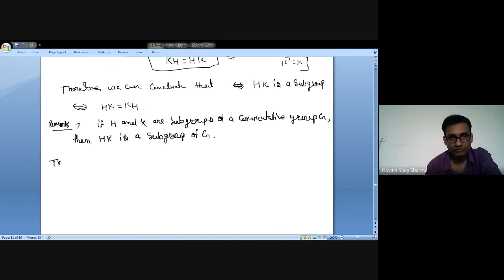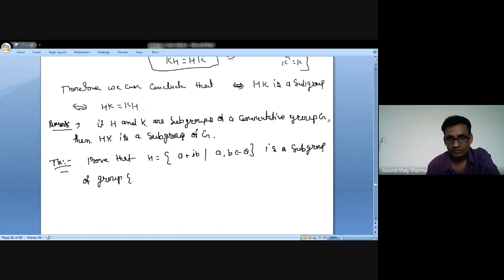Now again a theorem. Prove that H, the set of elements a plus iota b where a and b belong to Q, is a subgroup of the group C plus.